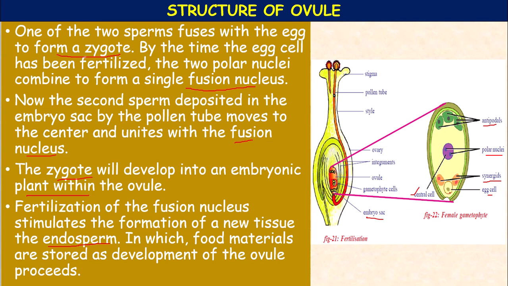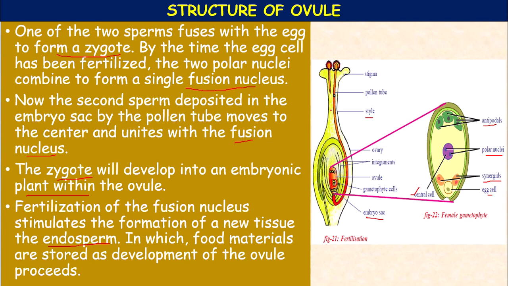As soon as the pollen tube reaches the ovule, it ruptures to release the 2 nuclei. One of the sperm nuclei, or male nuclei, fuses with this egg cell, the zygote. That is the fertilization.